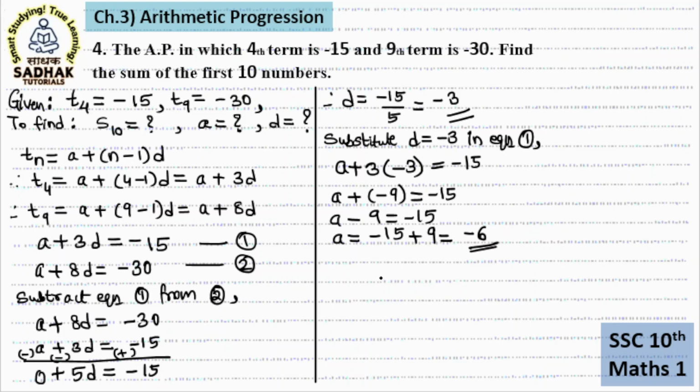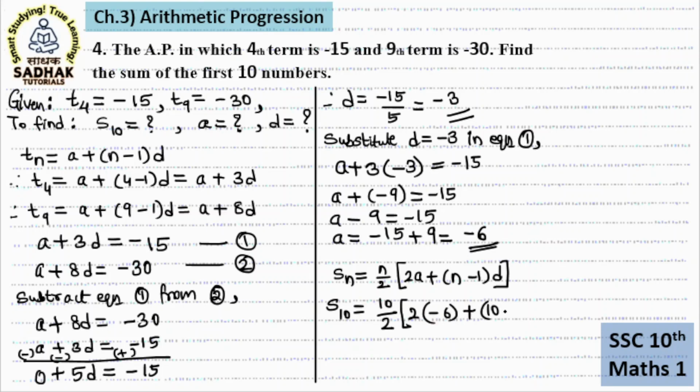With the help of this information we can find S10. What is the formula for Sn? The Sn formula is n upon 2 bracket 2a plus (n minus 1)d. We have to find the sum of the first 10 numbers, so that is 10 upon 2 bracket 2a, where a is minus 6, plus (10 minus 1) and d is minus 3.